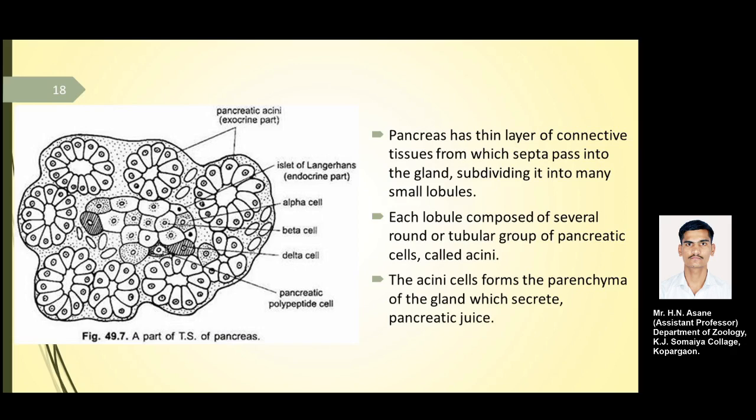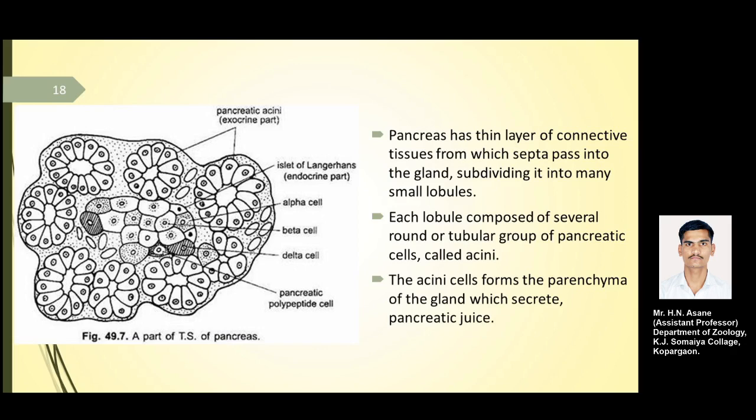The secretion of the endocrine pancreas is poured directly into the blood. As I said, they are the endocrine part of the gland, so their secretion goes directly into the blood, and there is no duct present for these islets of Langerhans.